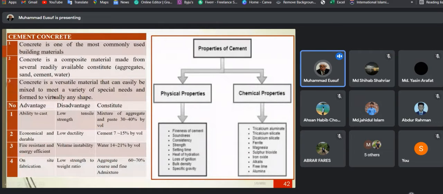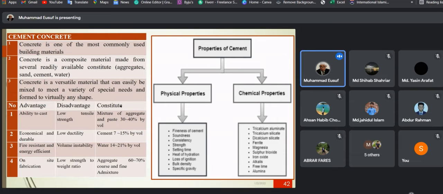Now, concrete is a versatile material. Versatile meaning you can use the concrete in different places, right? Say, for example, once you enter your house or you enter the IIUC, first you have to cross the gate, right?